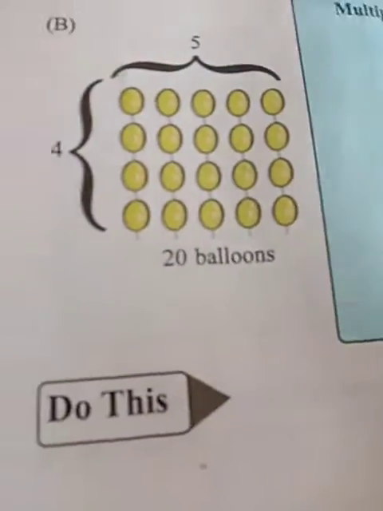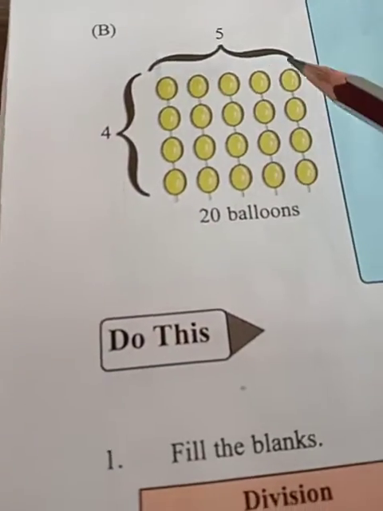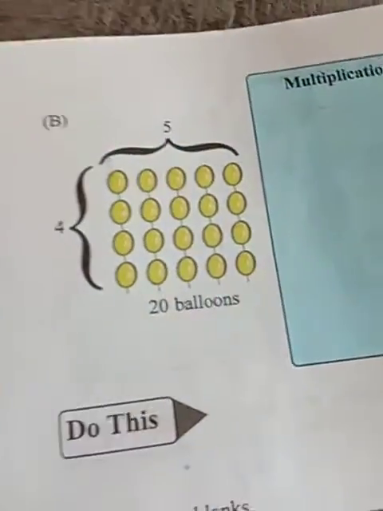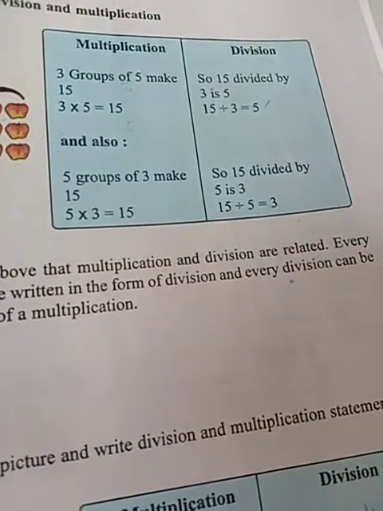See here, balloons. Here 4 groups, and this side 5 groups. So now multiplication. How to write multiplication? First of all, groups. How many groups of how many make? Observe children.